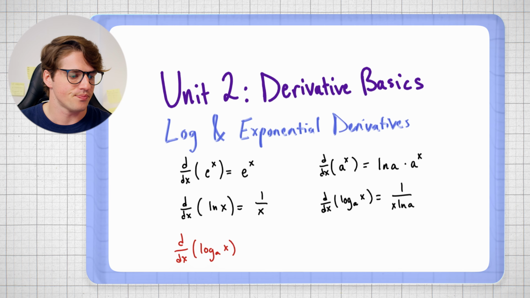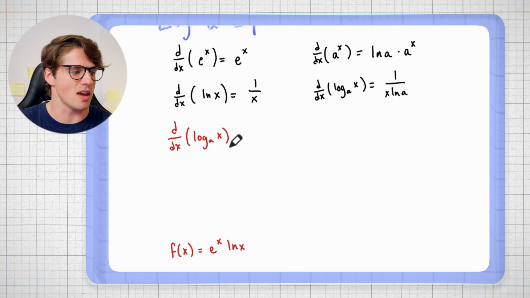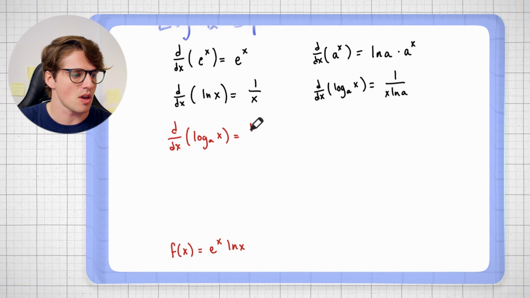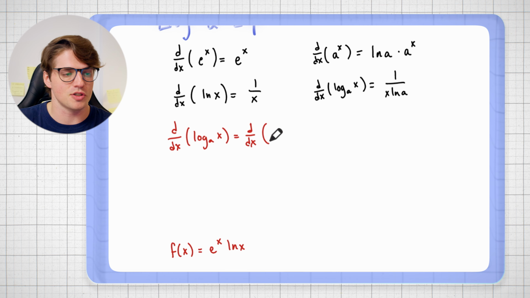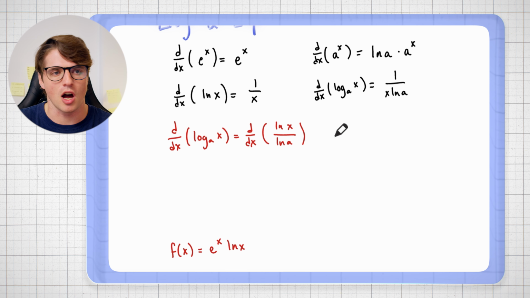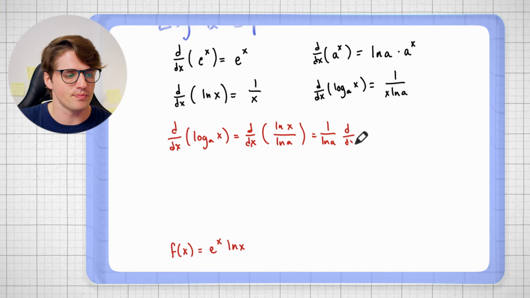And let's look at why. So if we're taking the derivative of log base a of x, we can rewrite log base a of x using a change of base property as ln of x over ln of a. Ln of a is just a constant, so we could take that out, 1 over ln of a times the derivative of ln of x.